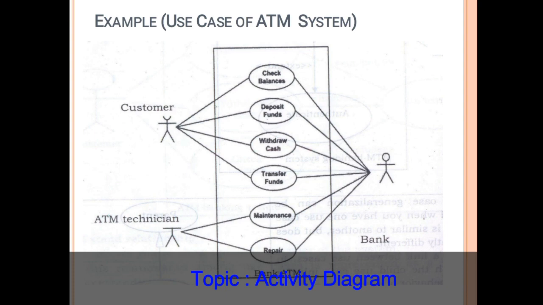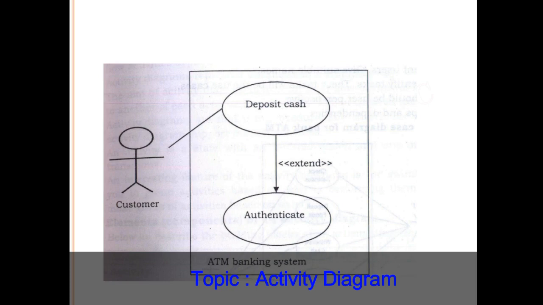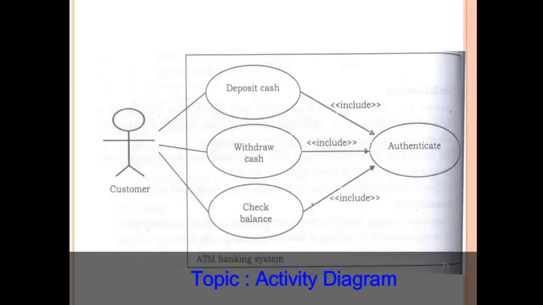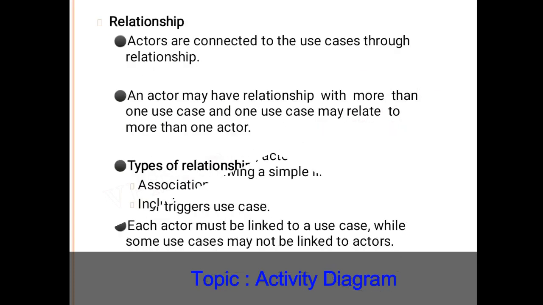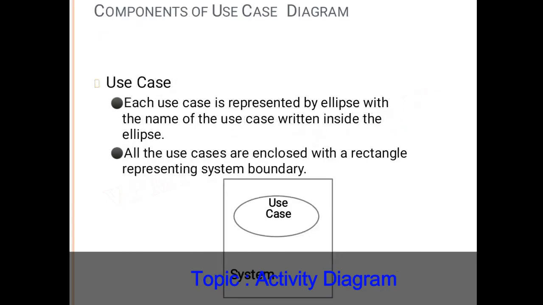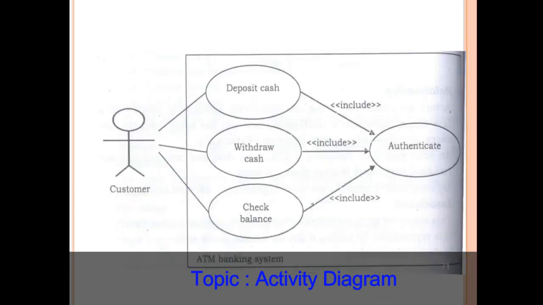Whenever this question is asked in the GTU exam, like "explain use case diagram with proper example," you have to write this type of description about use cases and its guidelines, describe all the symbols with their descriptions, and then draw this type of use case diagram example.